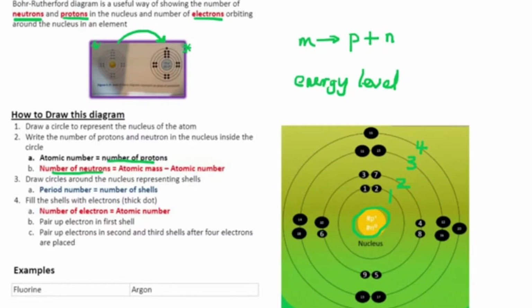But because we are going to focus on the first 20 elements, we're just going to stop at 2 electrons in the fourth period. Now let's look at how we can distribute the number of electrons in each shell. You follow this numbering pattern: for hydrogen we just put 1 electron, but when you get to helium we pair that electron, so it becomes 1, 2 right there.